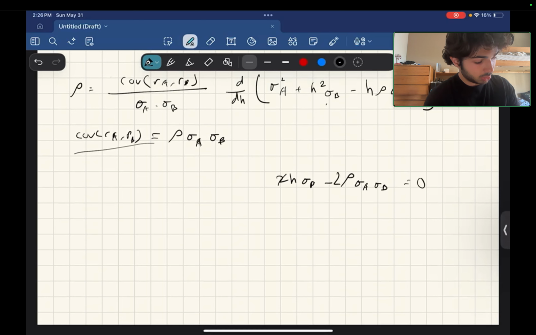There's supposed to be a 2 here, it's 2HJ, and then we get rid of the J. The 2's can cancel. We move everything over, since we're trying to solve for H.